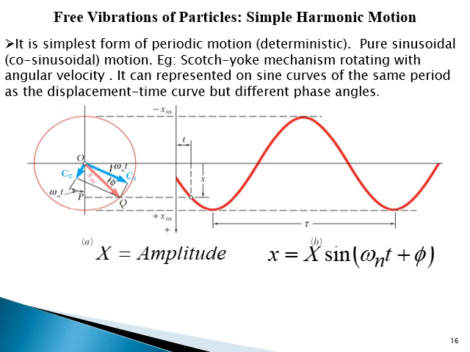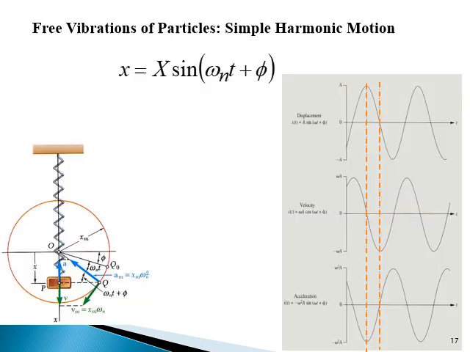The simplest form of periodic motion is pure sinusoidal motion, like a Scotch yoke mechanism rotating with angular velocity. The time period is 2 pi by omega n, and the frequency is omega n by 2 pi, the natural frequency of the system.